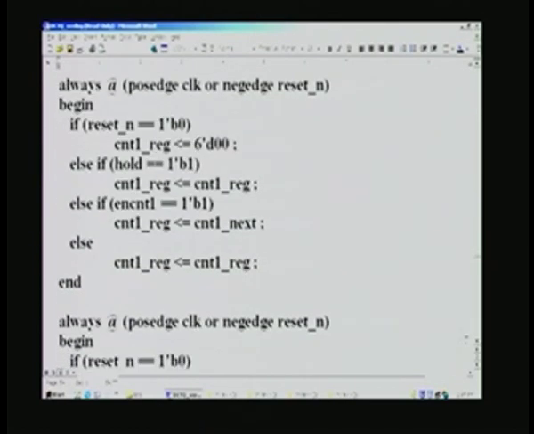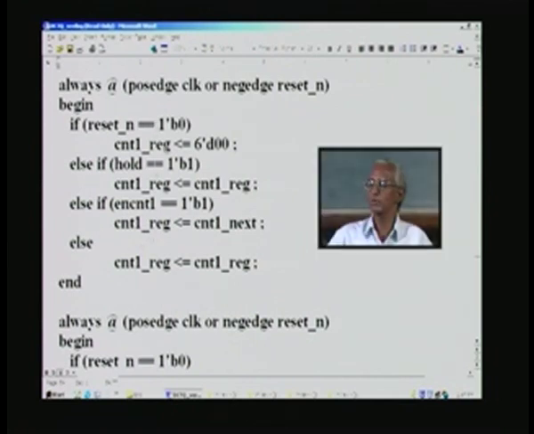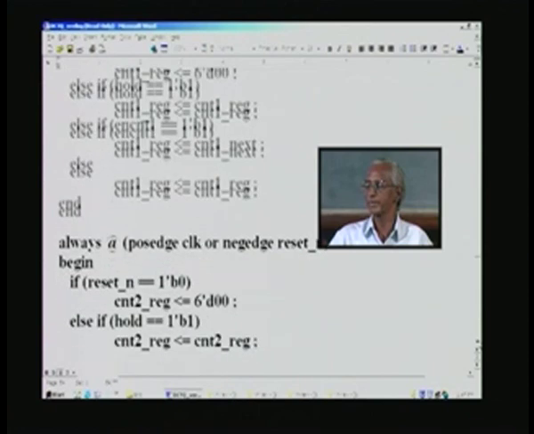And this one is for the actual counter. The counter is also exactly similar to enable, except that when the counter is enabled it will be incremented. So, counter 1 next was actually counter 1 reg plus 1, pre-incremented, which we have seen before, that we assign only when counter 1 is enabled, and similarly for all other counters here.